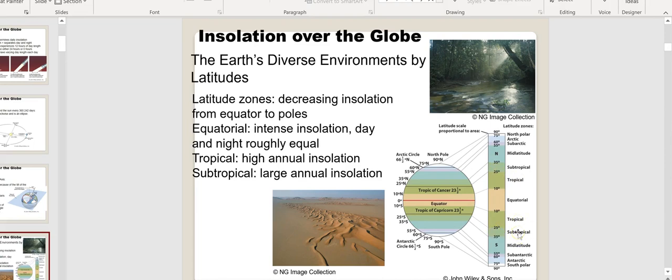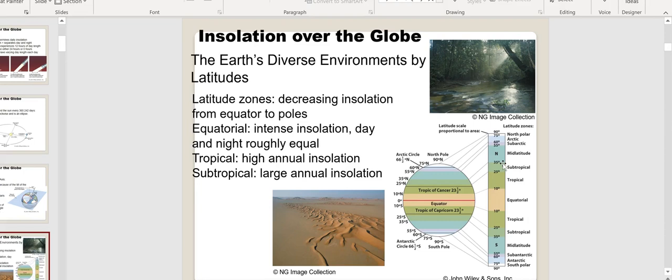So, for example, Southern California, LA, Orange County, and San Diego are all between 25 and 35 degrees. That's why in those locations you can grow things like citrus. Citrus are considered a subtropical fruit, and that's why they can grow those things there.